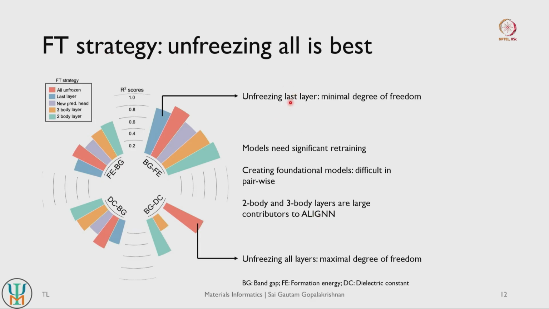For fine tuning strategy, as of now we find unfreezing all the layers to be the best. Unfreezing the last layer almost always gives us the worst performance. Unfreezing all the layers gives us the best performance, which implies that the models do need a significant amount of retraining, and for generalizable models we need to go beyond simply using pairwise transfer learning, so simply using one data set for pre-training and one data set for fine tuning.